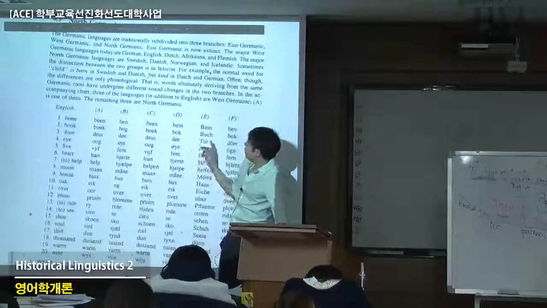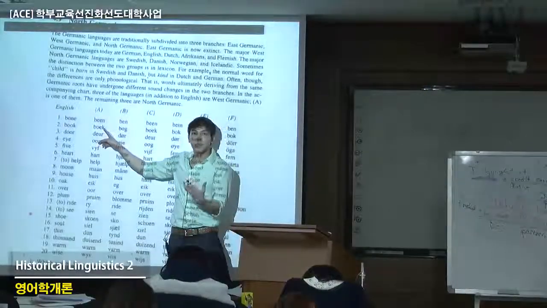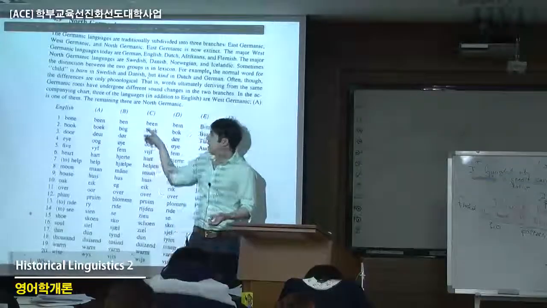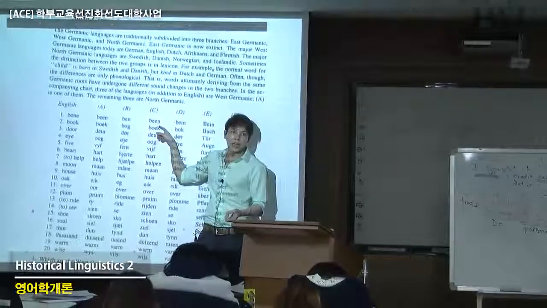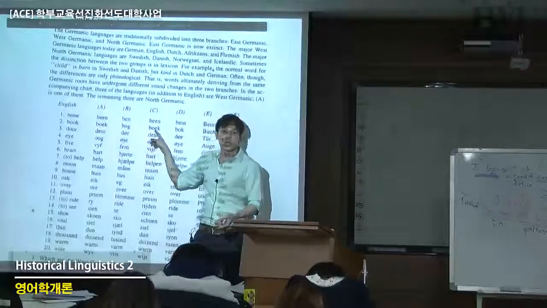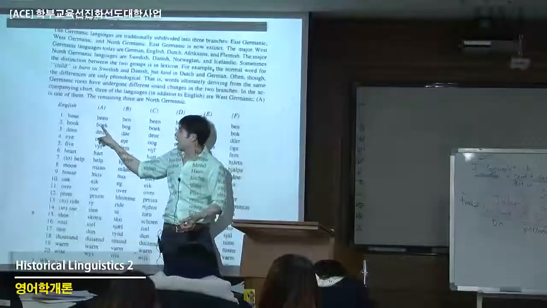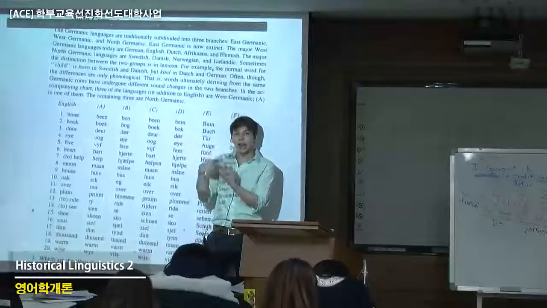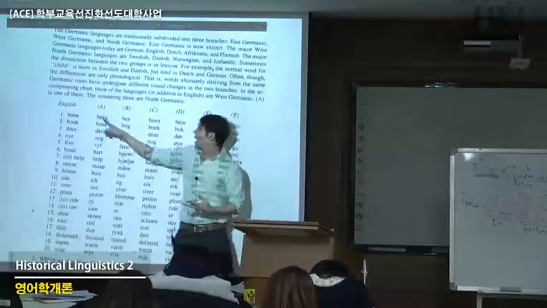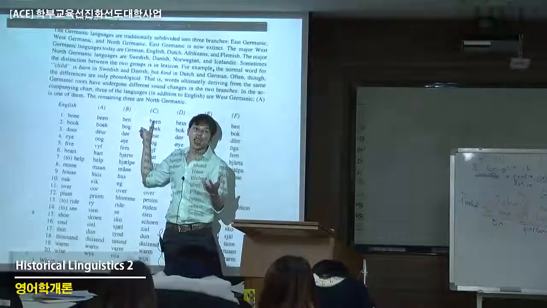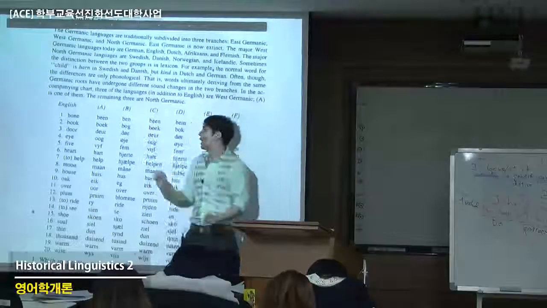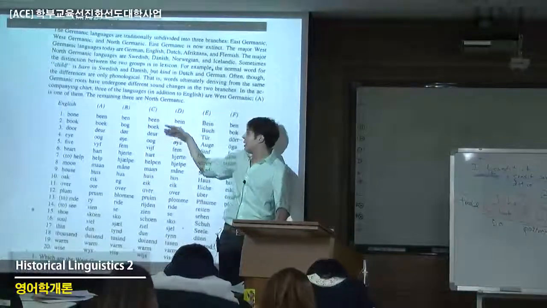And then see what else might be an interesting clue here. A and C look exactly alike as well. Book and book, see? This is the same as in the first word, bean and bean. So perhaps now you have the second clue that A and C are likely to be in the same group, to be in the same branch like that.